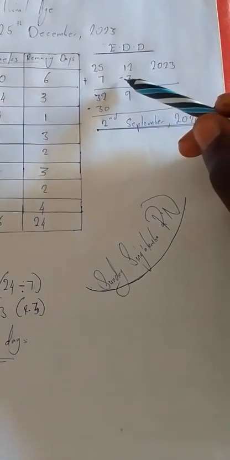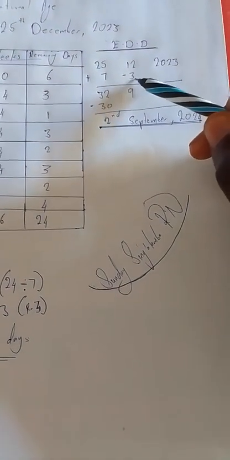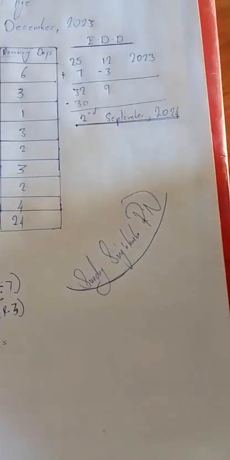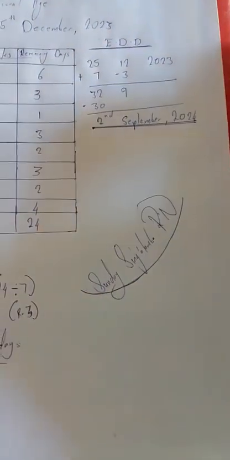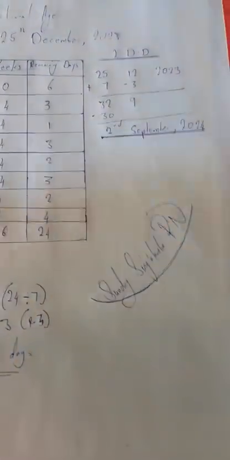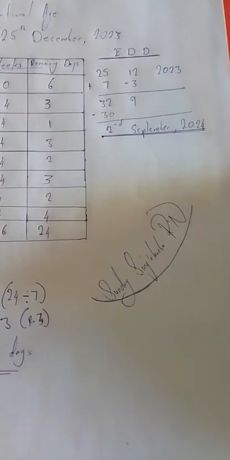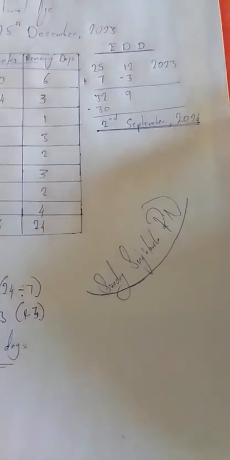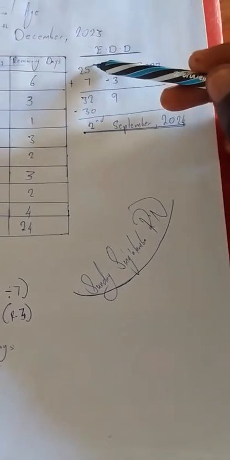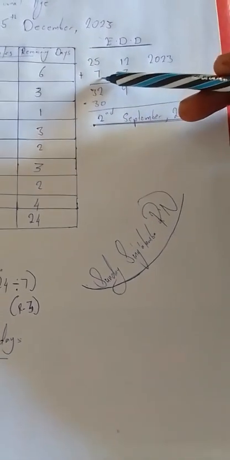So here instead of writing -3, we write +9. That is if the month that we are calculating is January, February, or March. But from April going up to December, we subtract 3.